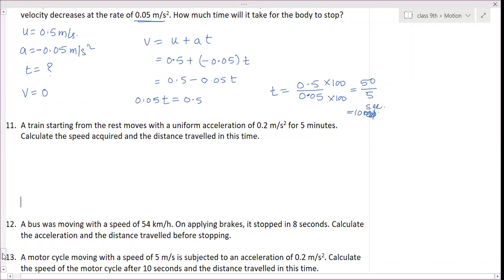What value did you get? Ma'am, for speed I got 60 meter per second, and for distance I got 9 kilometer. No, wrong. Sorry, let me check. Yes, 60 meter per second. No, it's wrong.